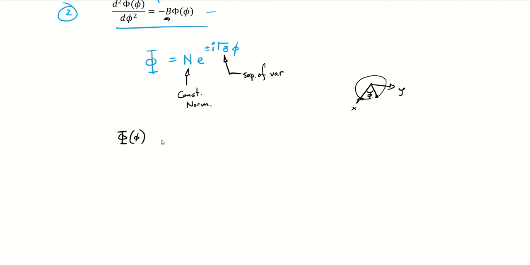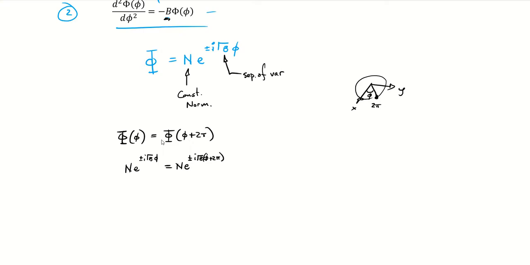If I add an angle of 2 pi radians to that, I have to be at the same spot, which can only have one value. So if it's evaluated at phi plus 2 pi, they have to be equal: N e to the plus or minus i root b times phi equals N e to the plus or minus i root b times phi plus 2 pi.